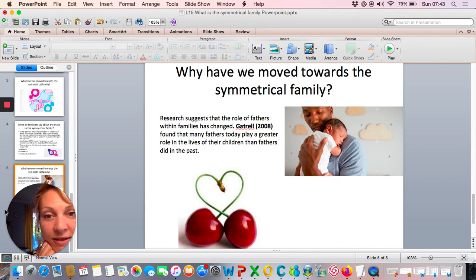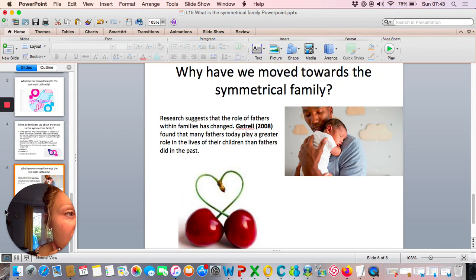In Gatrell's study, they found that some women did not want their maternal role taken away from them, and felt that men cherry-picked the most rewarding jobs and avoided jobs within the household, such as ironing or housework.